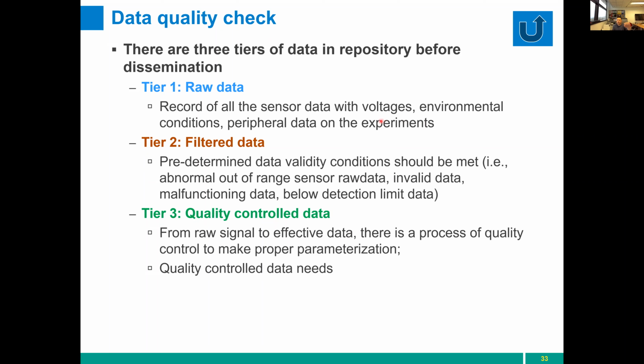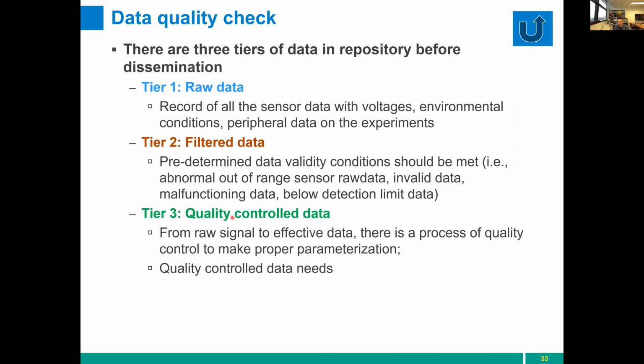The sensor, for example, only gives you the voltage, but what we need is the concentration of, for example, CO2 or some other pollutants. So there's a gap between the voltage to the pollutants. There are two fundamental physical parameters that you actually measure versus the information that you want to get. So we have to do this in tier 3, which is to convert from raw to effective data. And when you do this process, you have another tier of quality control.